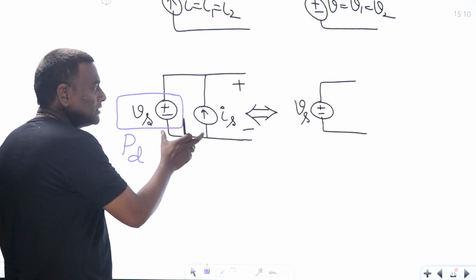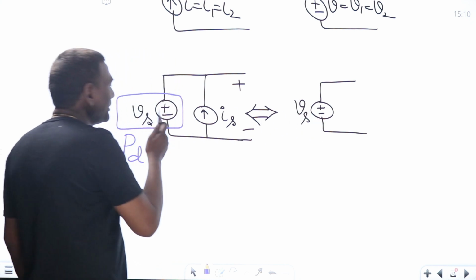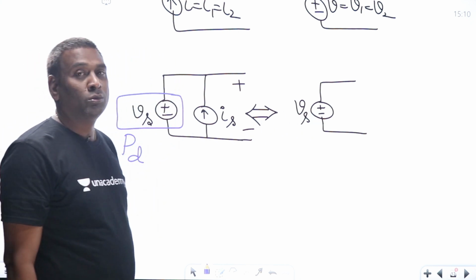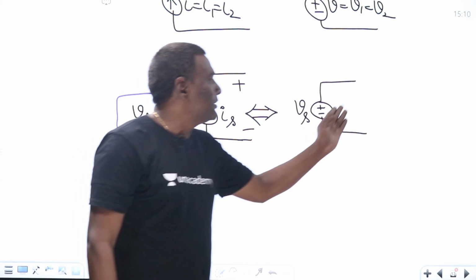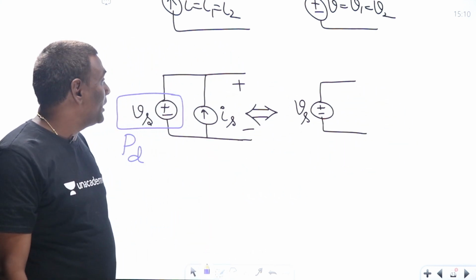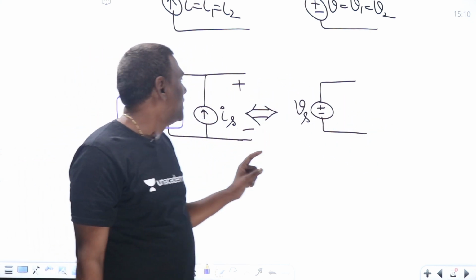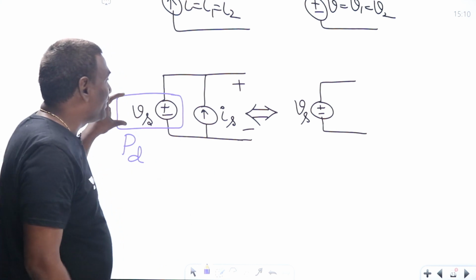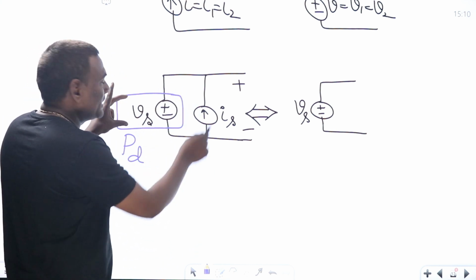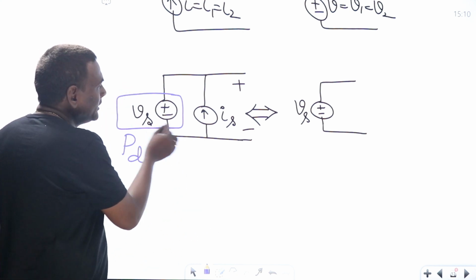Now, if you convert this into an equivalent circuit, can I say the power delivered by this and the power delivered by this will be the same? No. Because if I think of this as open circuited and this also as open circuited, then what is going to happen? Under open circuit condition, how much is the power delivered by this? 0. But under open circuit condition, how much is the power delivered by this? It is Vs into Is, with a negative sign, because the current enters the plus terminal.